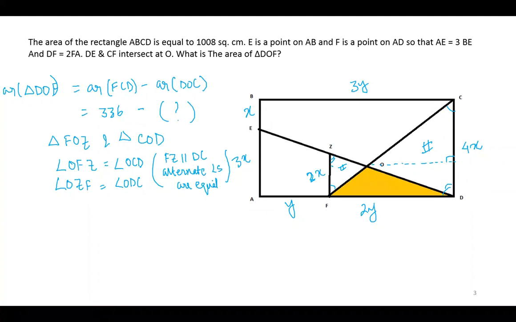So we have basically proved that triangle FOZ is similar to triangle COD.